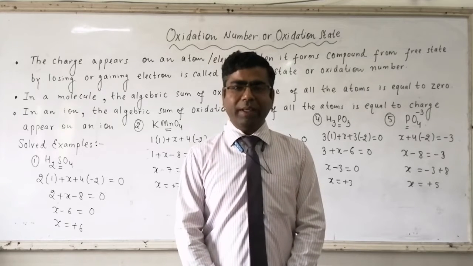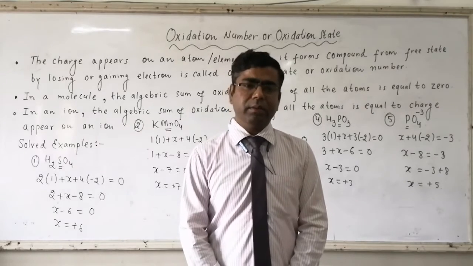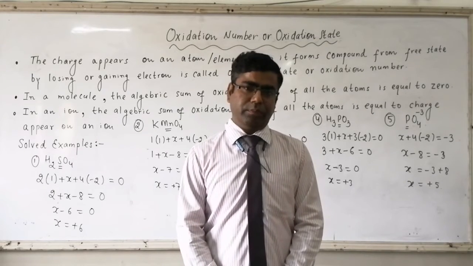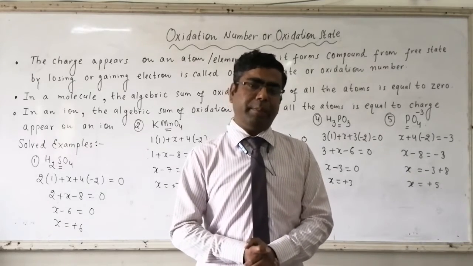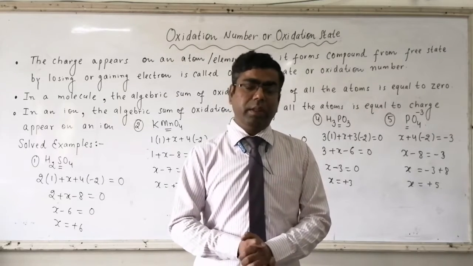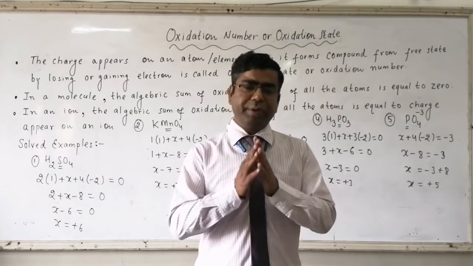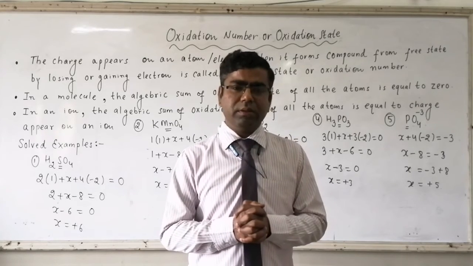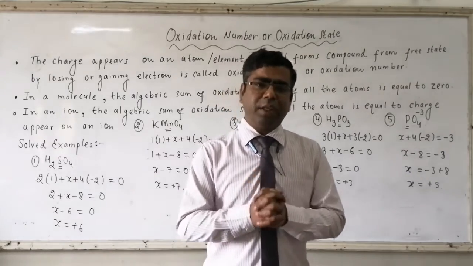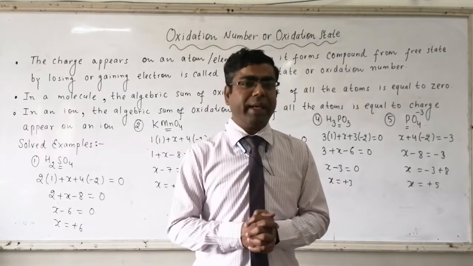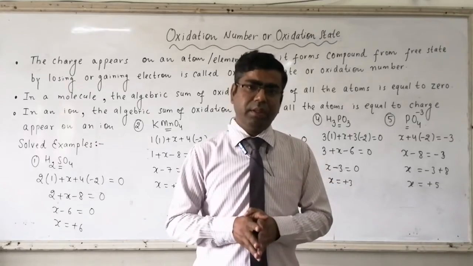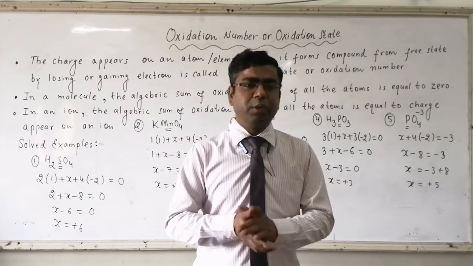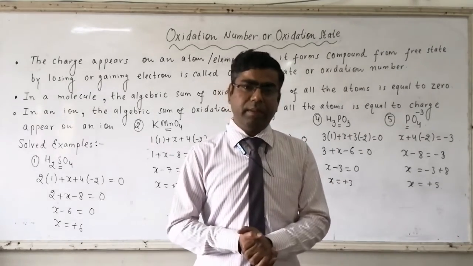If covalent bond is formed between two different atoms, meaning atoms having different electronegativity, then what happens? The shared pair of electrons is slightly transferred towards the more electronegative atom, as a result of which charges are developed on the two different atoms.